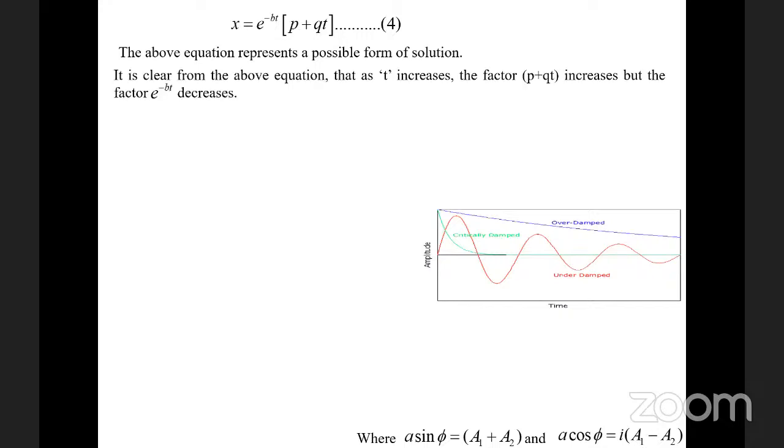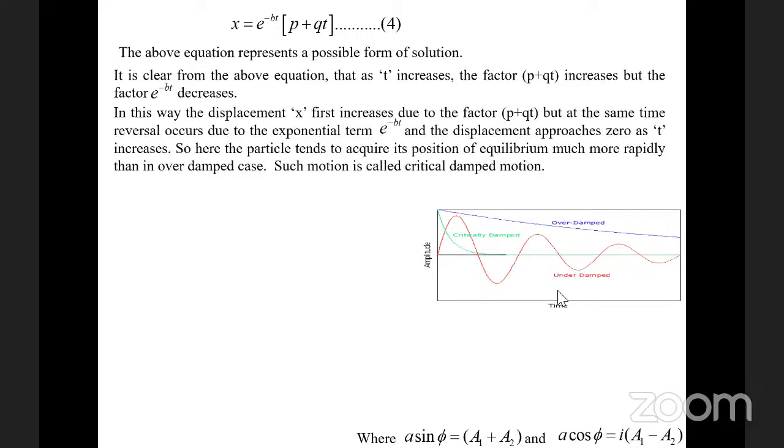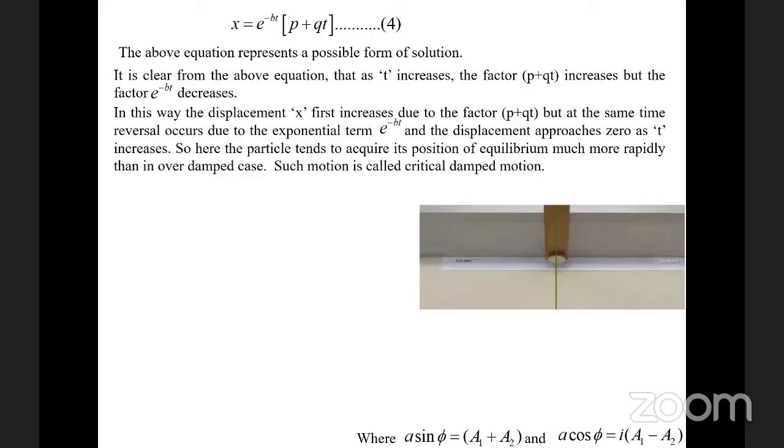In this equation, as time t increases, p plus qt also increases, but the term e power minus bt decreases. So that is called critical damping. In the graph, you can observe how it gradually decreases.